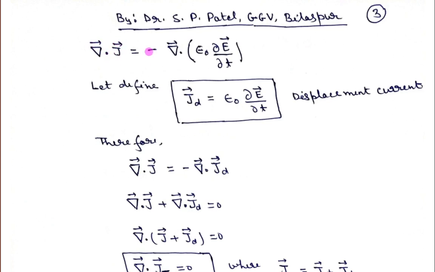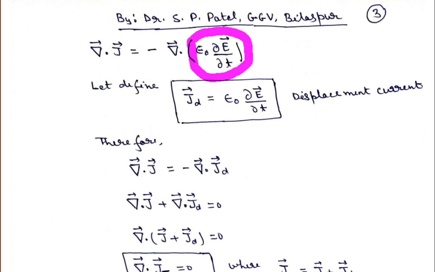It is also equal to minus divergence of some quantity, epsilon 0 del E upon del t. This quantity in brackets must have the dimension of current density, because both are equal but with a negative sign, so it should be current density.